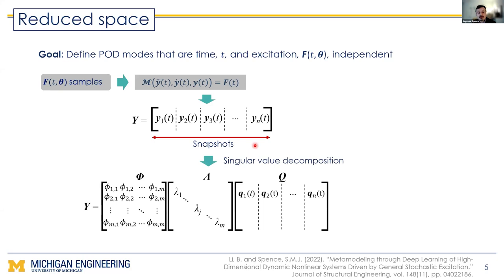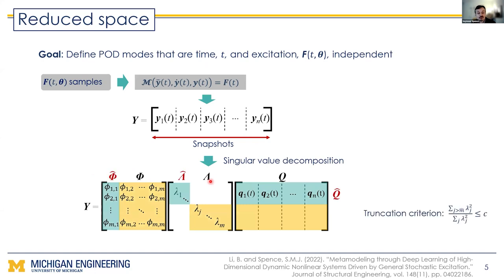So basically, you represent these responses in terms of some orthogonal basis functions, which are here phi, as well as some singular values. Taking advantage of how, when you do a singular value decomposition, the majority of the energy of the system is defined by the first few orthogonal basis functions and singular values, you can define a reduced space for your system, phi hat, by just taking the first few orthogonal basis functions.